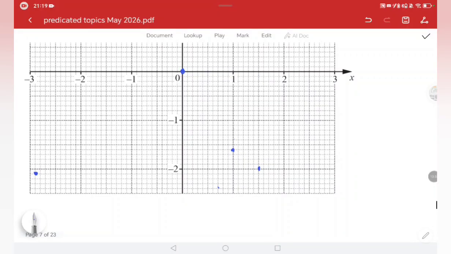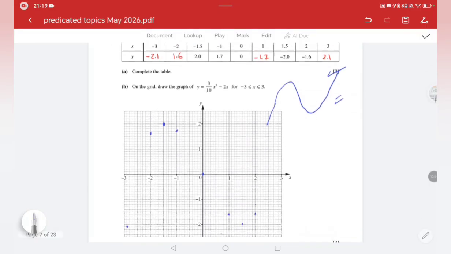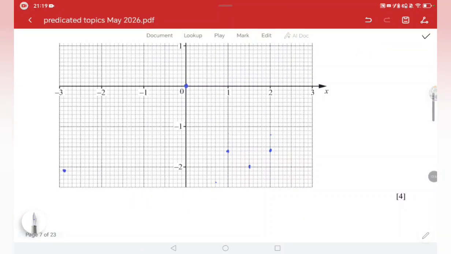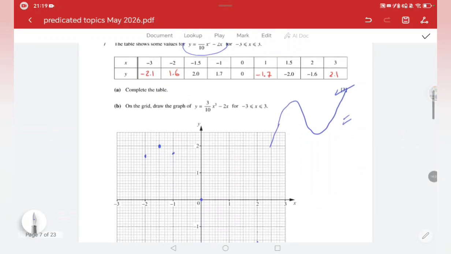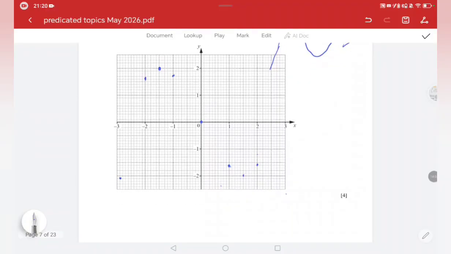It should be 2, 4, 6. It should be here. Okay. So this one should be then this one. Yeah, it should look like this. 3, 2.1, 3, 2.1.